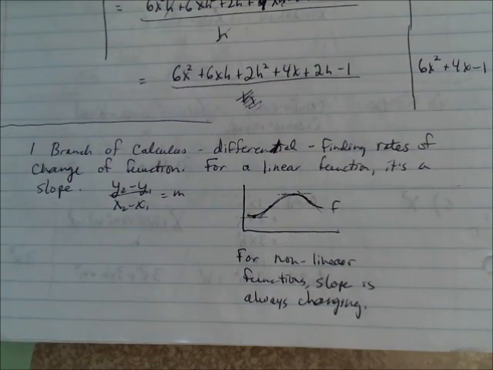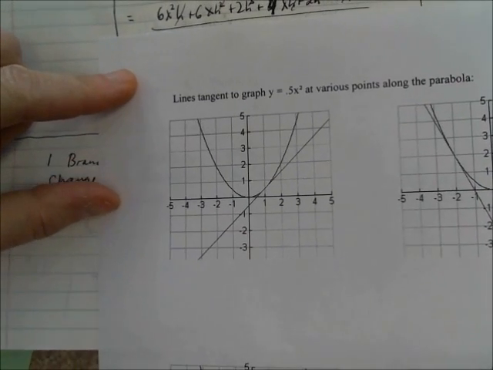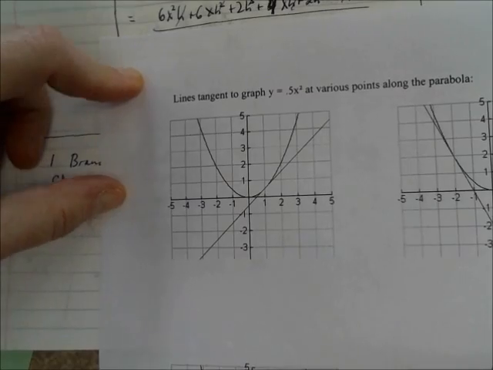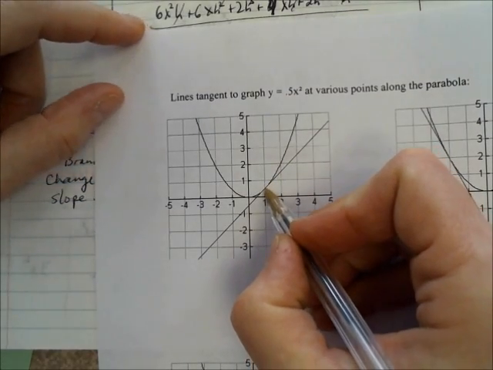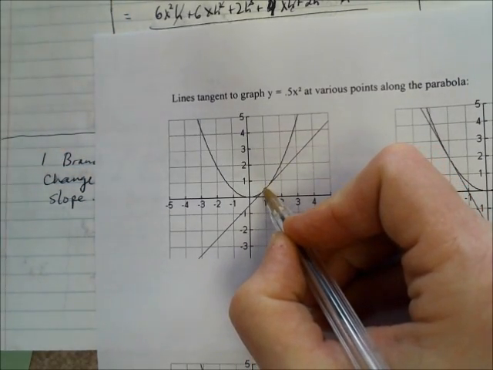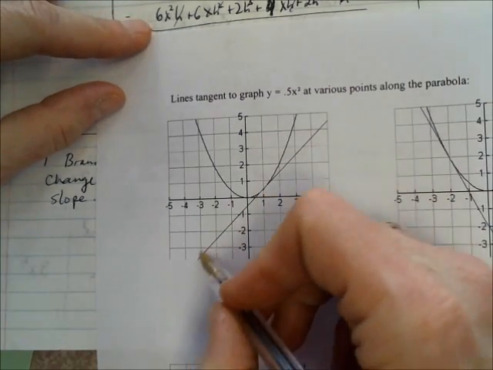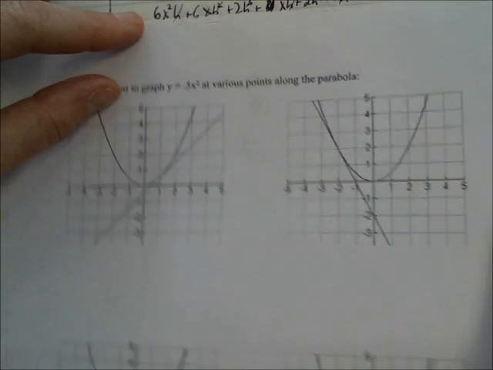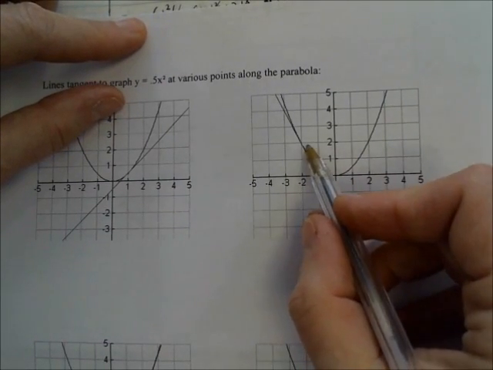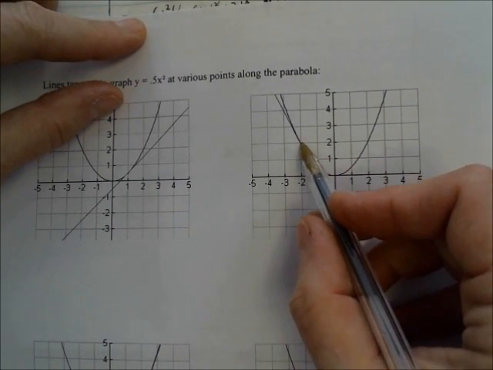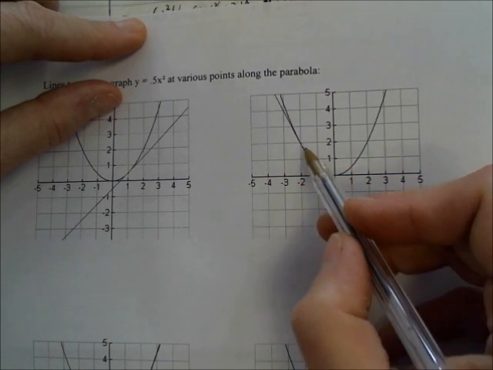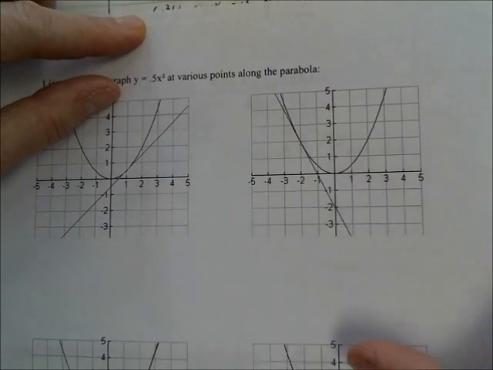And so I've got a little diagram here of just a simple parabola. This is y equals a half x squared. If you take a look at this point right here where x equals 1 and y equals a half, this slope looks like it's about positive 1. But then as you travel over onto the left-hand side of the parabola, and if you park yourself at negative 2, 2, it looks like the slope of this tangent line here would be negative 2.